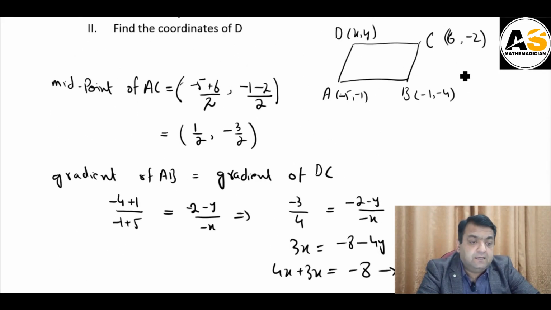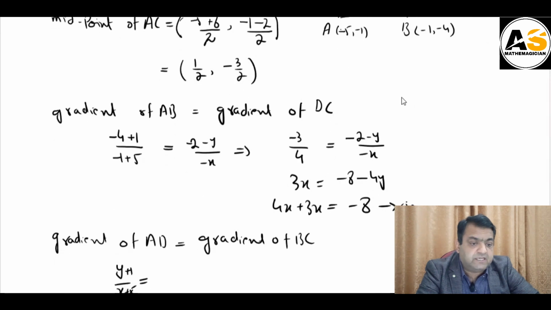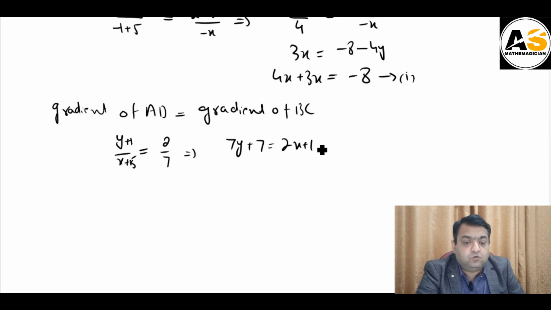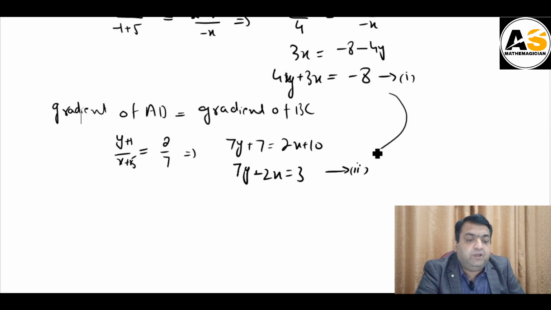For BC, (-2 plus 4) over (6 plus 1), that is 2 by 7. And then I will get 7y plus 7 is equal to 2x plus 10, and so 7y minus 2x is equal to 3. I got another equation.